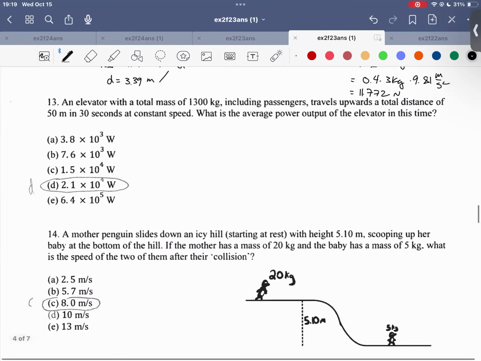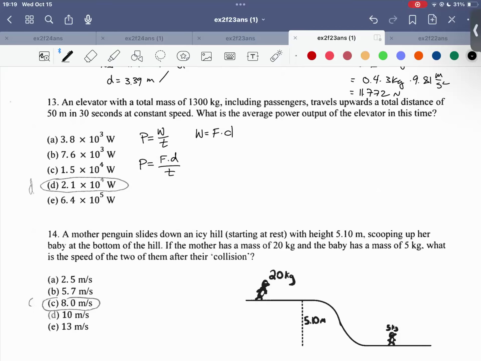This is a power question. So we know power is equal to work over time. But since we know work is equal to force times distance, we know then that power is equal to force times distance over time.